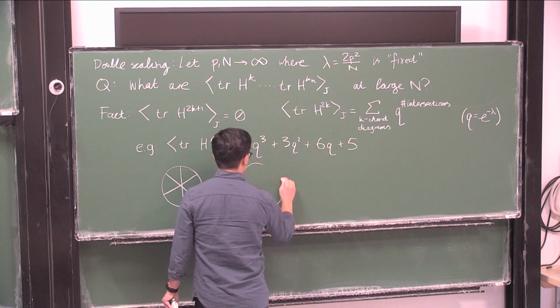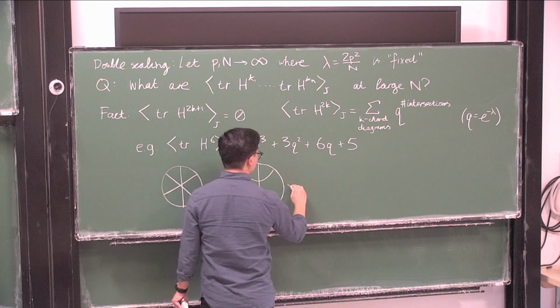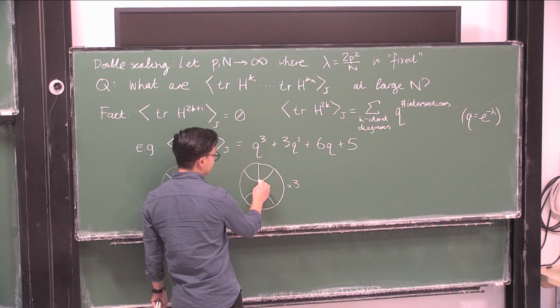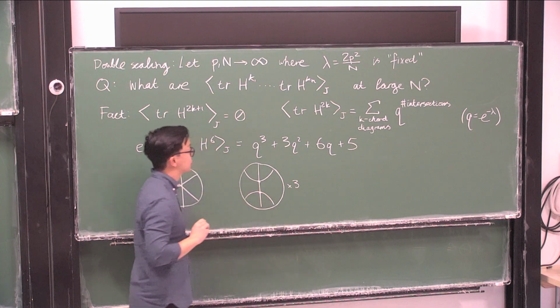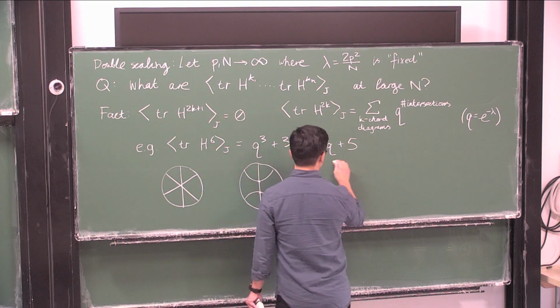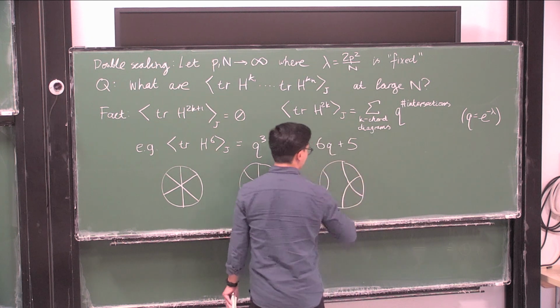And that gives you your q cubed. If we draw this diagram here, we have this times, there are 3 rotations of this diagram, and because there are 2 intersections, each one contributes q squared, that's your 3q squared, so you see the picture. I'll just draw the rest so that you can verify that you understand what's going on.